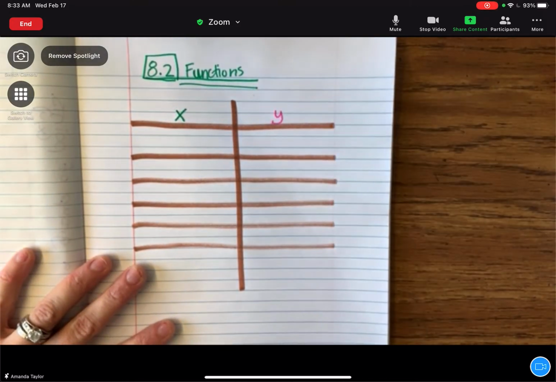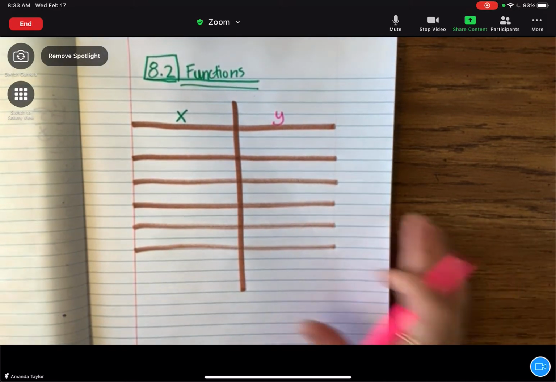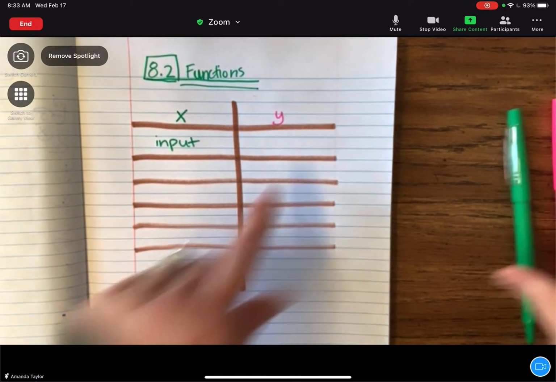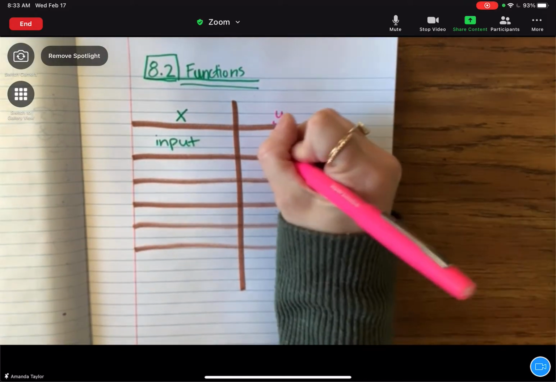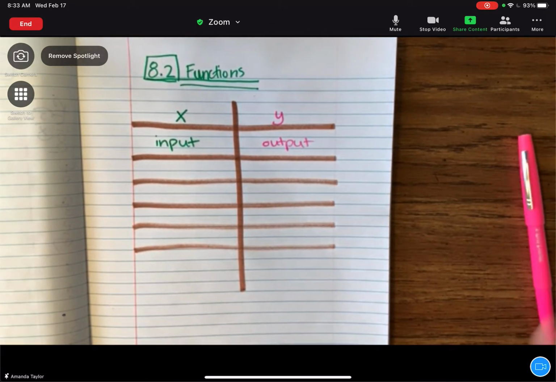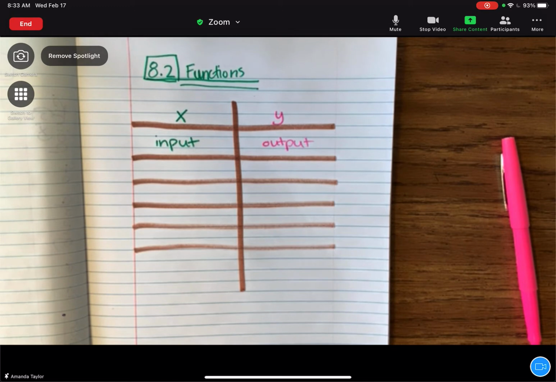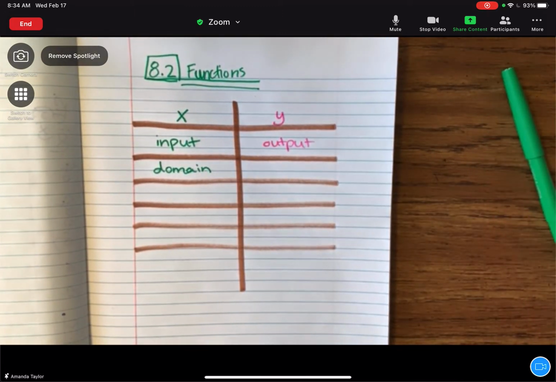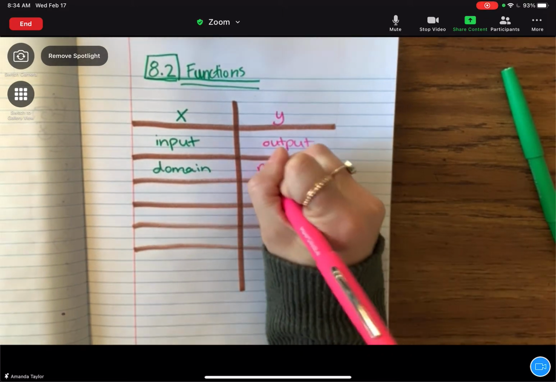X and then Y. If I say input, you say output. If I say domain, you say range. Now we're getting into some new stuff.